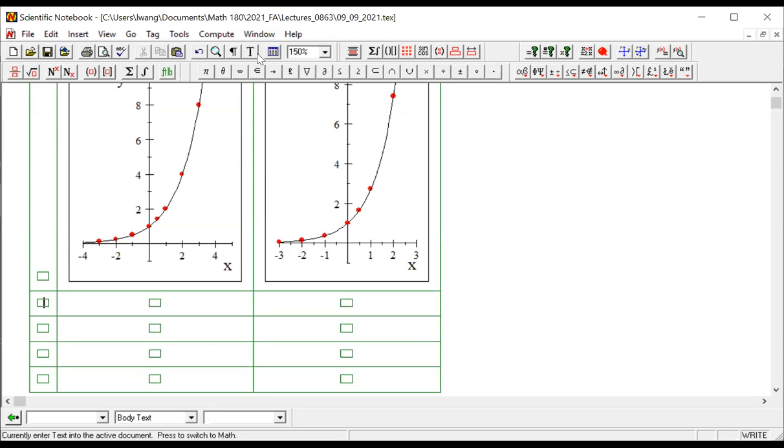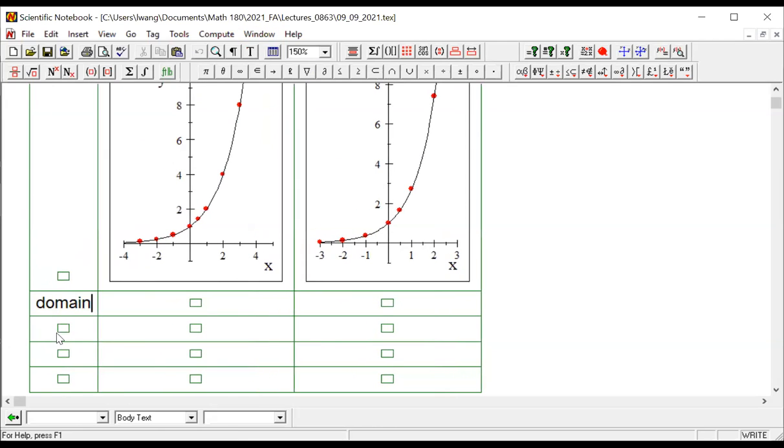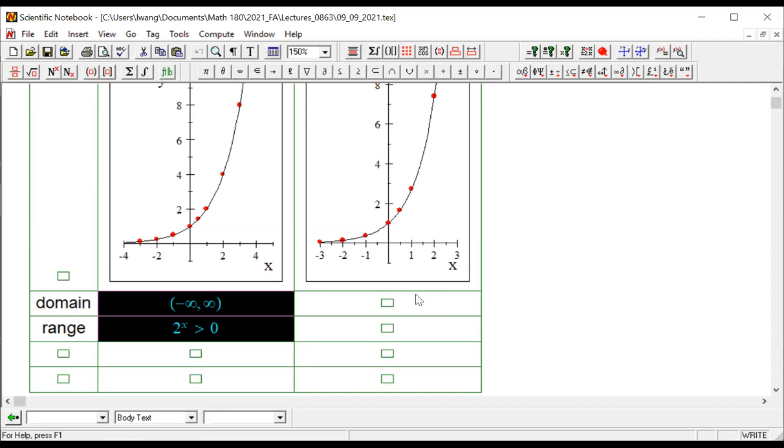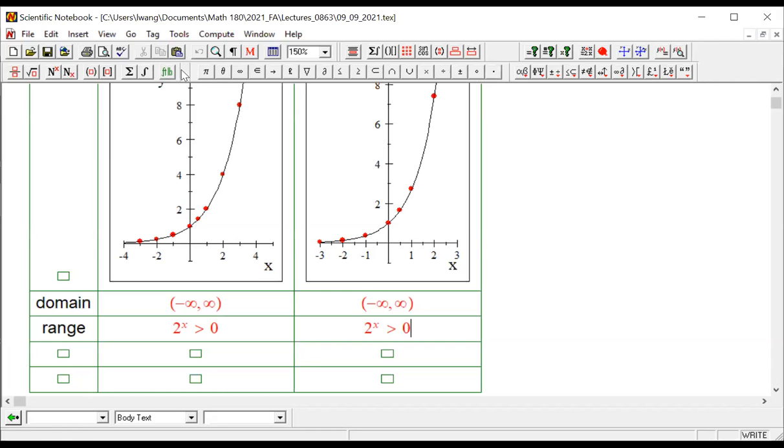Domain, range, right? What's the domain for 2 to the power x? Negative infinity to positive infinity. And what's the range? 2 to the power x is larger than 0. How about the other one? How about that one sentence?